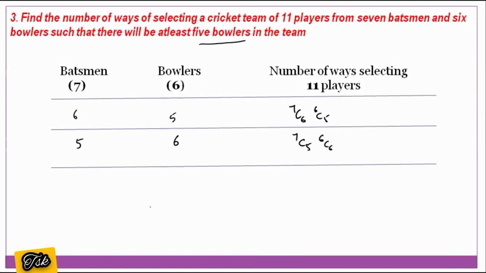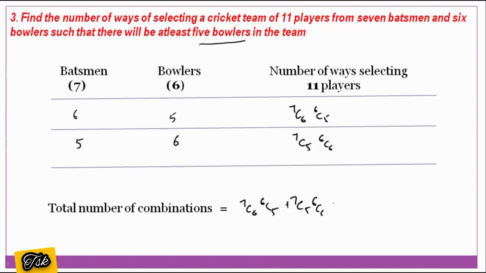So the total number of ways is 7C6 into 6C5 plus 7C5 into 6C6. 7C6 is 7, 6C5 is 6, so 42. 7C5 is 7C2, which is 21, and 6C6 is 1. So 42 plus 21, there are 63 combinations. 63 ways we can select 11 players which contain at least 5 bowlers.